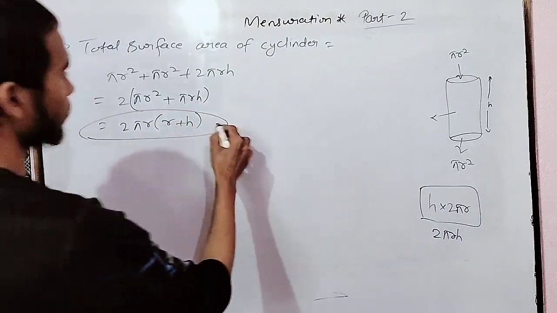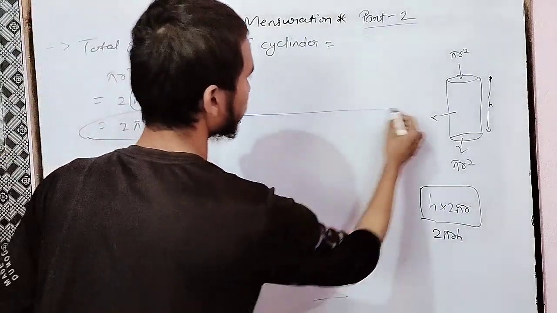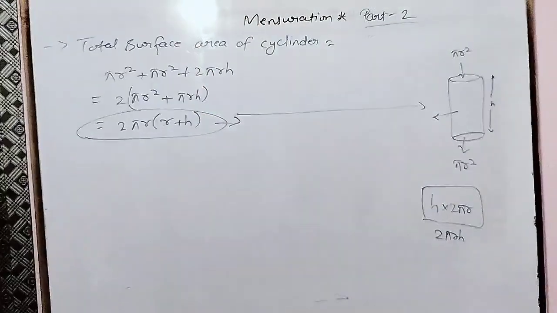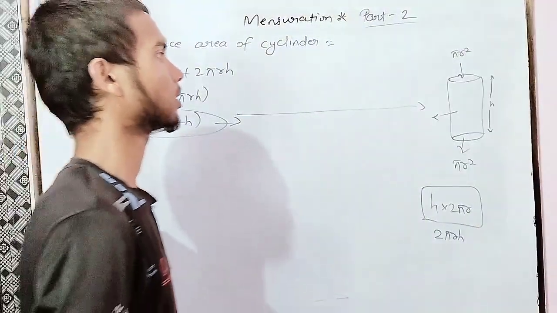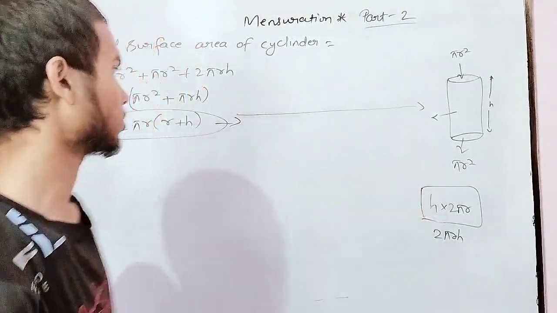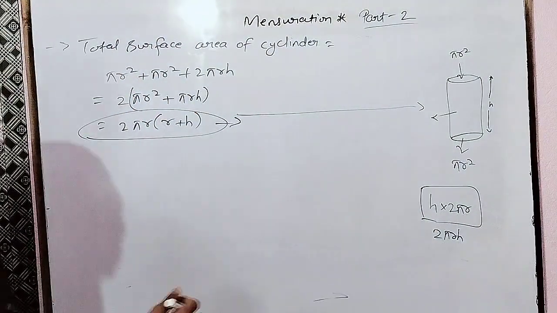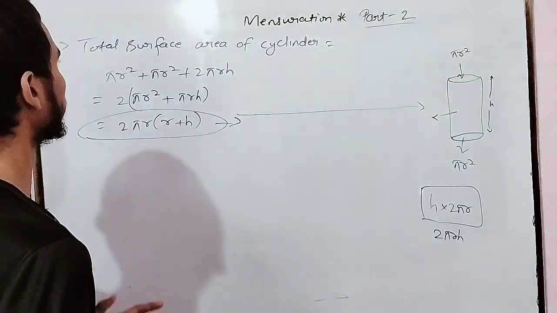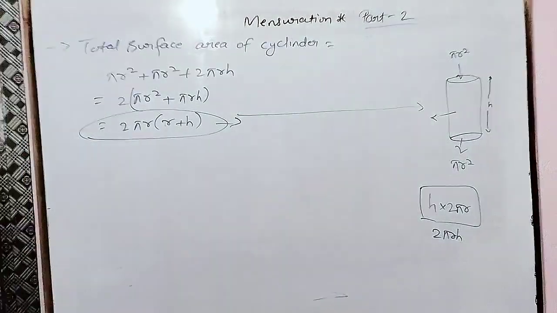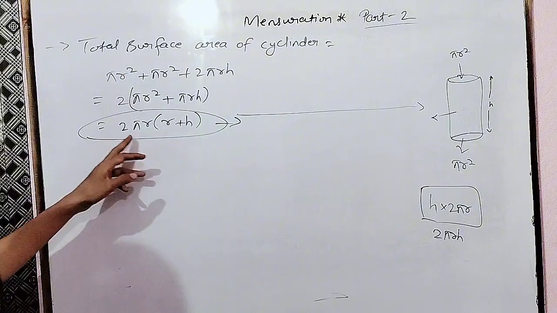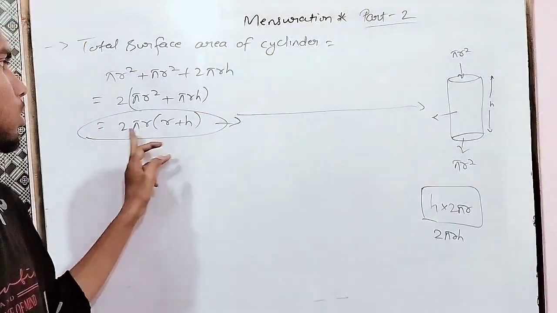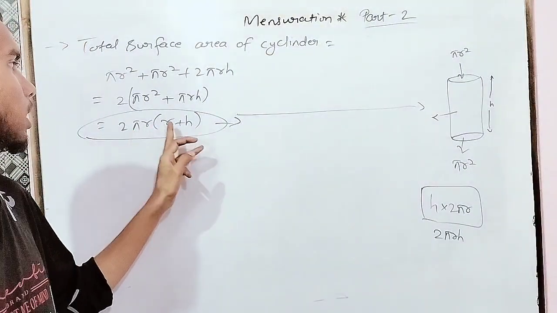This is the formula to find out the total surface area of a cylinder. Again, I am telling you, we are not talking about the volume of a cylinder.